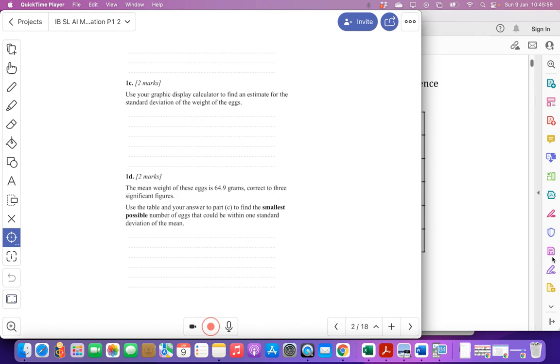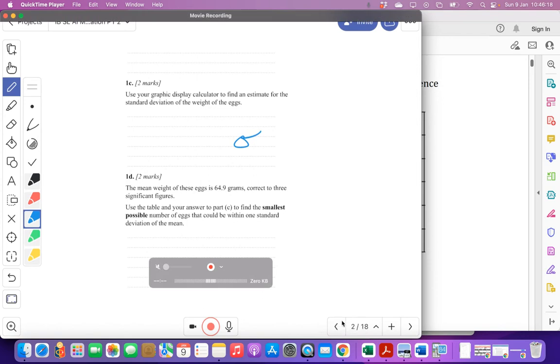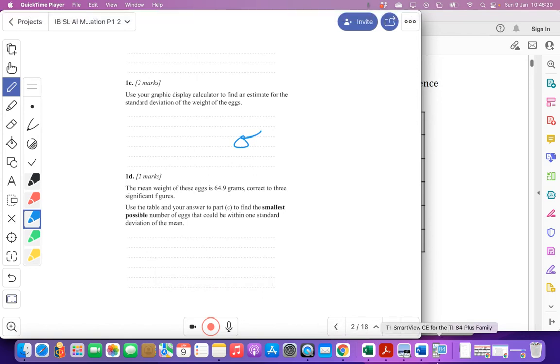Okay, use your graphics display calculator to find an estimate for the standard deviation of the eggs. Standard deviation, remember, is the Greek symbol sigma. So we're going to be trying to find sigma on our TI-84.